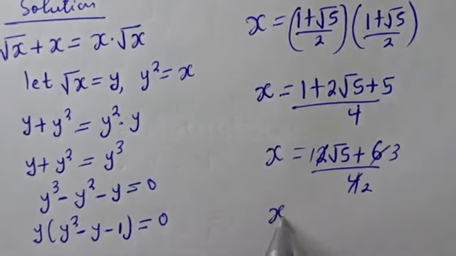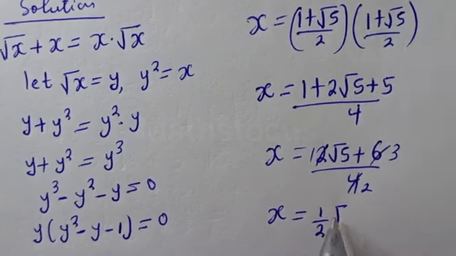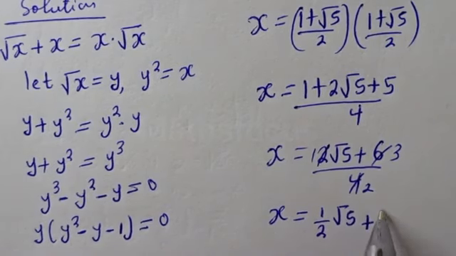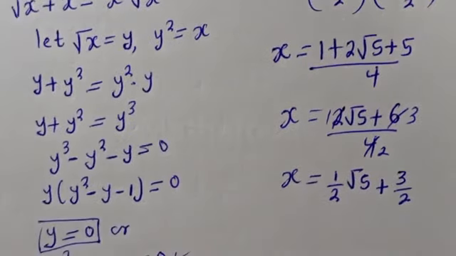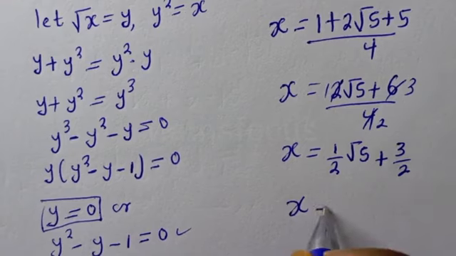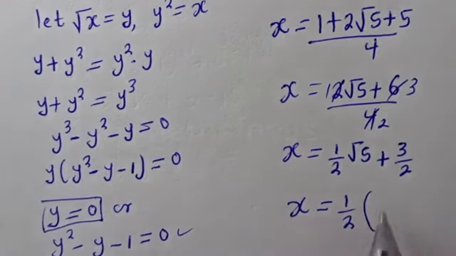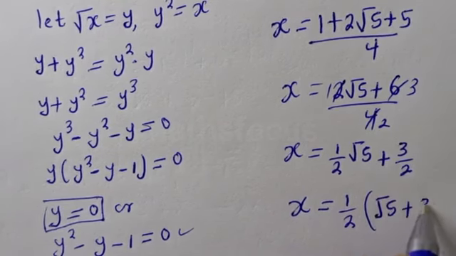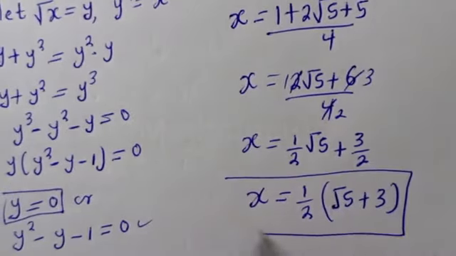Then s is equal to 1 over 2 root 5 plus 3 over 2. Therefore, s is equal to 1 over 2 bracket root 5 plus 3. And this is the final answer.